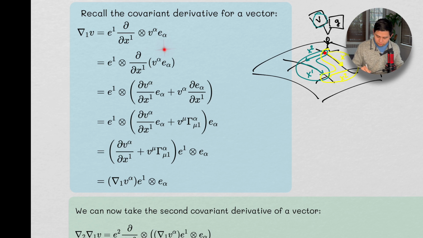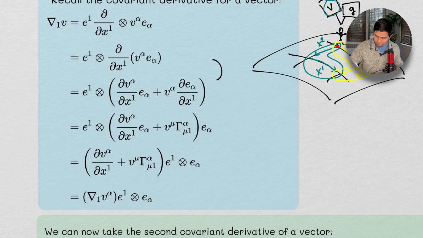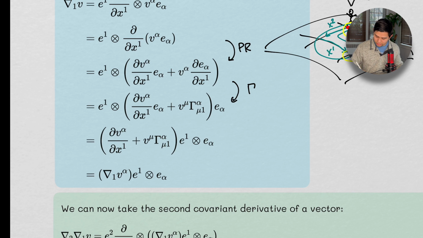Okay, so we go from here to here just by moving the product, okay? And after moving the product, we can then take the derivative of this, which is right here. This is product rule here. So what I'll do is every step I do, I'll say, okay, this is product rule, and then from here to here is defining the Christoffel symbol, right? So that's this guy and this guy. That's that definition. All right.